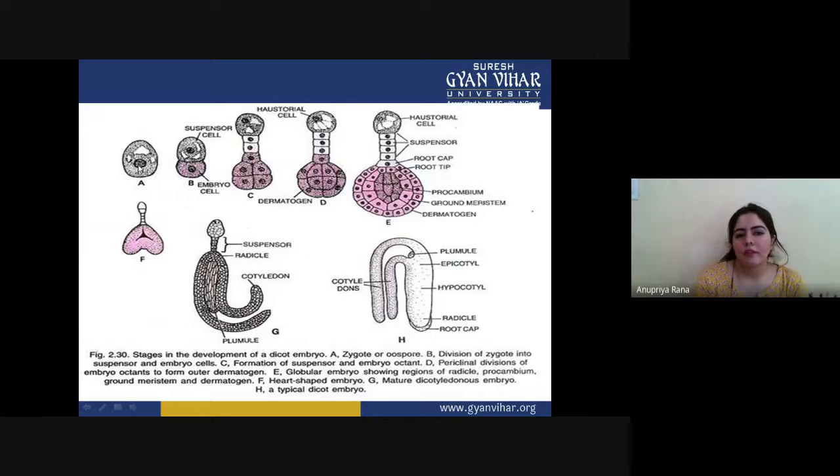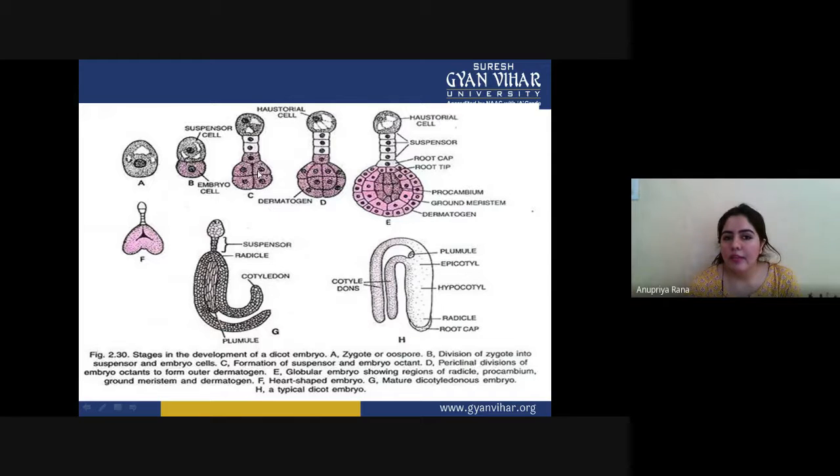This is a zygote. Two cells are formed, one the suspensor cell and one the embryonal cell. There is a lot of development in the suspensor cell, and the last cell of the suspensor, called the haustorial cell, is going to become the root, or you can say the radicle formation will happen.